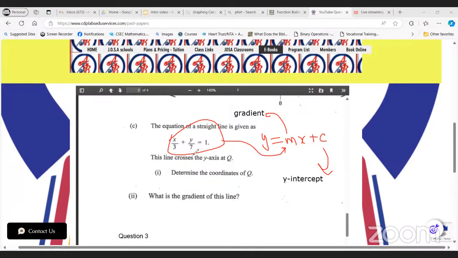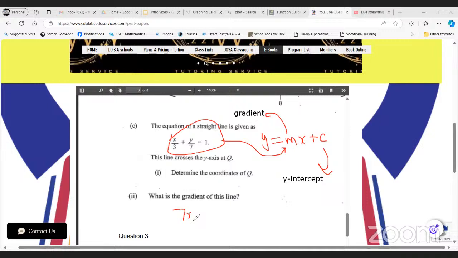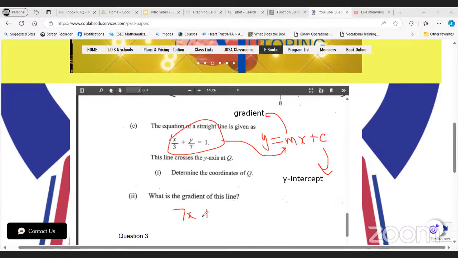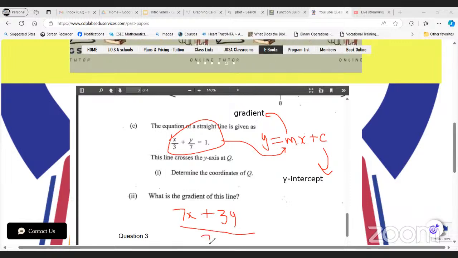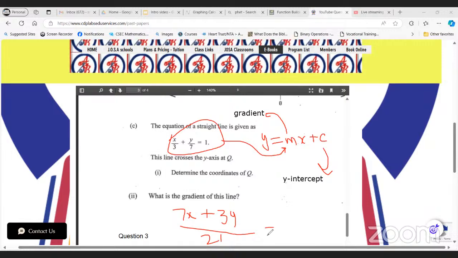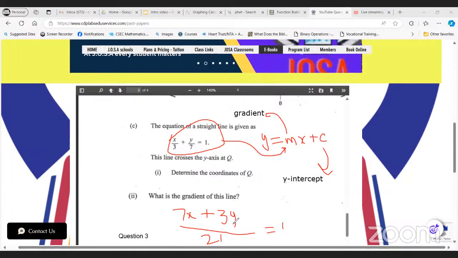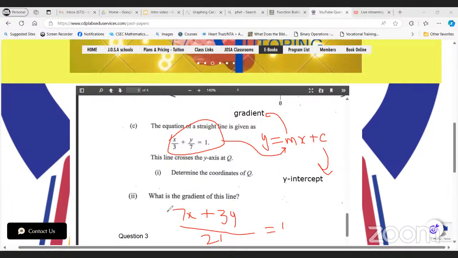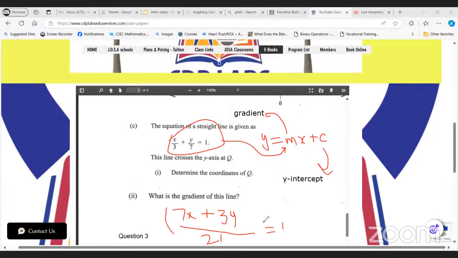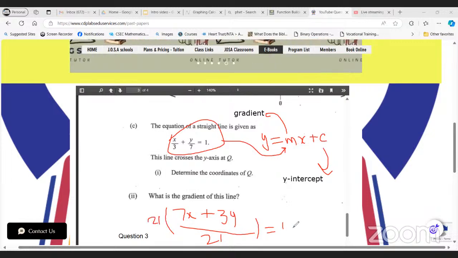Simple. You can cross multiply and you have 7x plus 3y, all divided by 21. It looks like a fraction, you work it like a fraction, is equal to 1. Now you can multiply both sides by 21 to get rid of the 21 there.